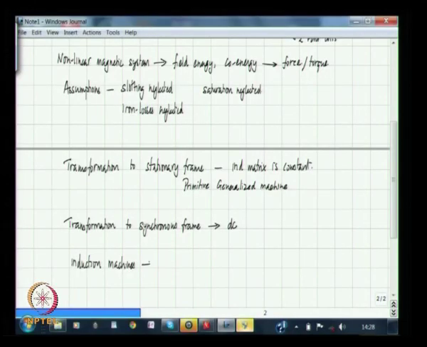While looking at the induction machines we also said that the induction machine representation that we had derived was from a two-phase frame, and therefore we looked at how to transform the three-phase machine to a two-phase machine. Here we came across two modes of doing this.